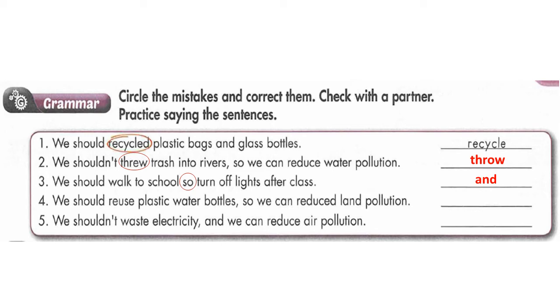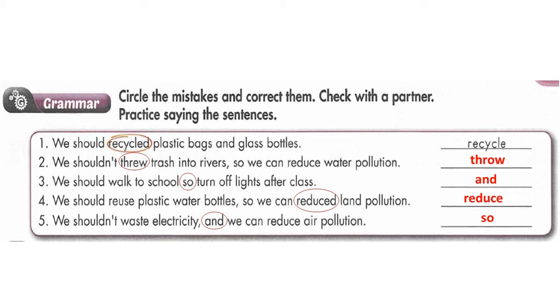Next, we have number 4. We should reuse plastic water bottles so we can reduced land pollution. Instead of using the past tense reduced, we have to use the simple present tense, which is reduce. Next, number 5. We shouldn't waste electricity and we can reduce air pollution.